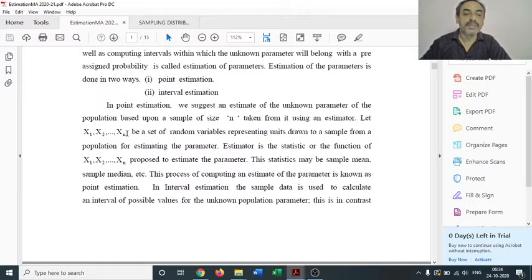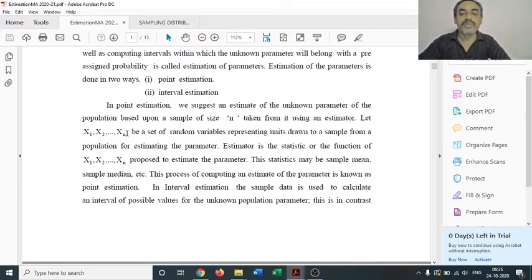Then the sample mean is a statistic, and that statistic is proposed as an estimator. Therefore, the sample mean is an estimator, and its value obtained from the sample is known as an estimate. So here we get a certain point or a certain value as an estimate of the population parameter. That's why this estimation method is known as point estimation.